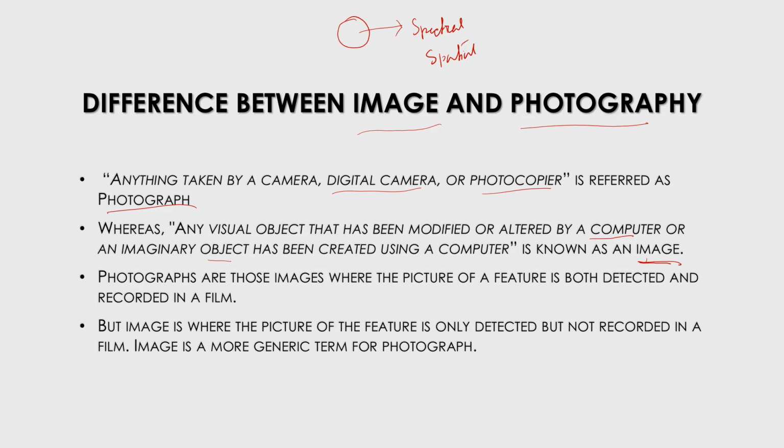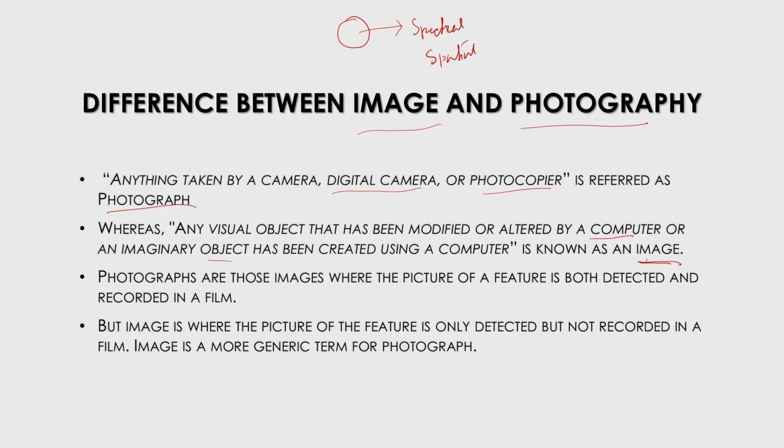Whereas an image is a photograph which has been modified or altered by a computer system and stored in the system, a photograph is an image which is digitally captured by a camera or remotely sensed camera or digital camera or photocopier.